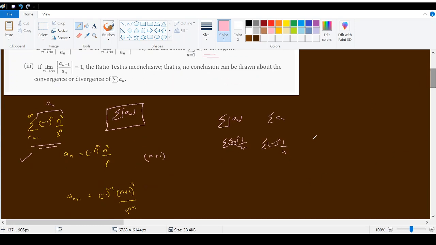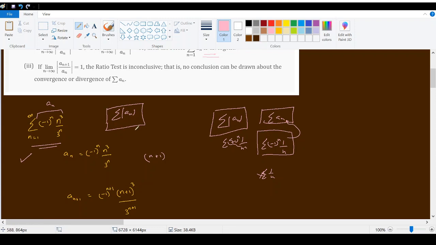So when you take the absolute values, it will be the harmonic series which diverges. But if you just consider this one from the alternating series test, we can say that it converges. So this is an example where the absolute series diverges but not the original one.